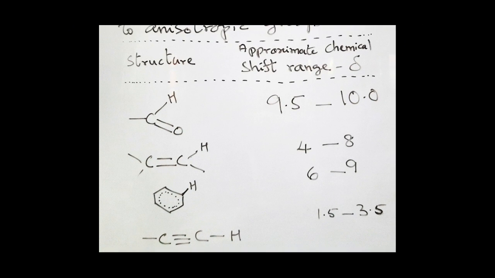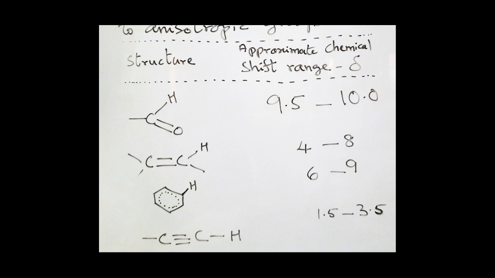If you look at the table, in the case of a proton attached to a carbonyl group, that is the aldehyde group, the chemical shift value is the maximum, in the range of about 9.5 to 10. What is the reason? In ethylene, with a carbon-carbon double bond, the protons are found in the range of about 4 to 8.